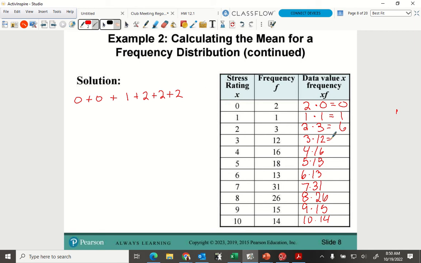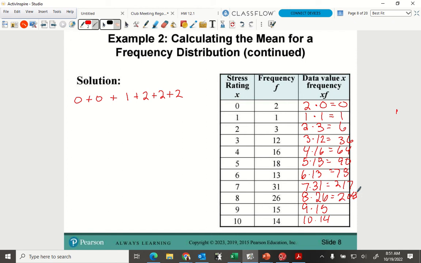So let's see, we have 36. That's going to be 64. 5 times 18 is 90. 6 times 13 is 78. 7 times 31 is 217. 8 times 26 is 208.